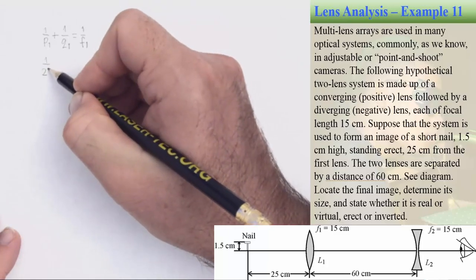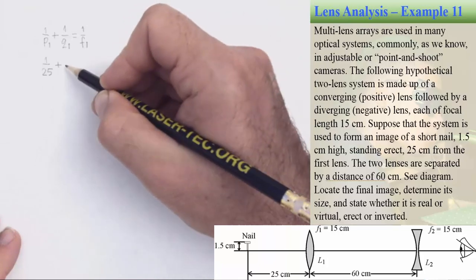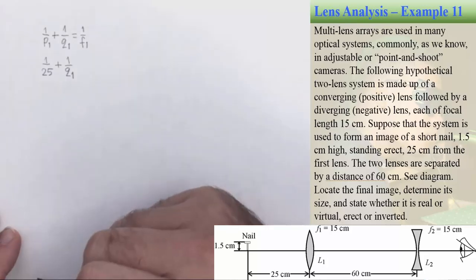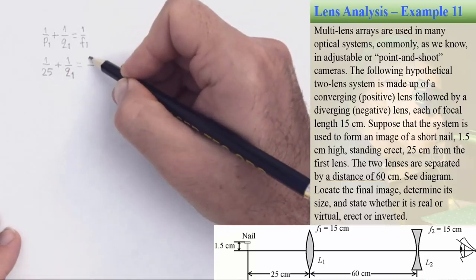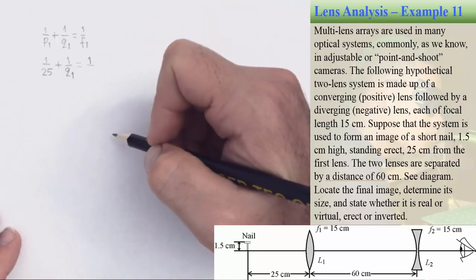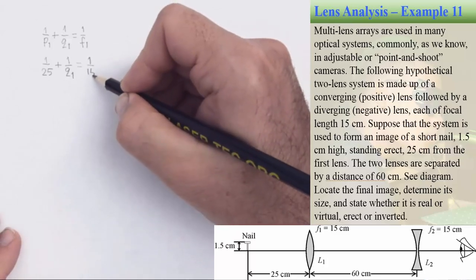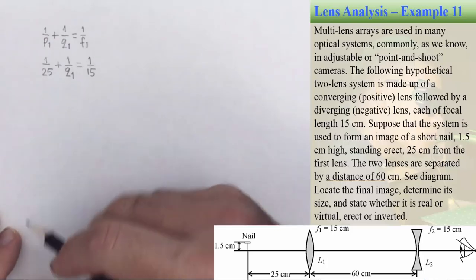And that distance is equal to 25 centimeters plus 1 over Q1, where Q1 is going to be the distance of the image, is equal to 1 over the focal length, and as it can be observed, the focal length for the first lens is equal to 15 centimeters. We are dealing with a positive or converging lens, so we are going to take a positive sign for the focal length. So here we can do the math.